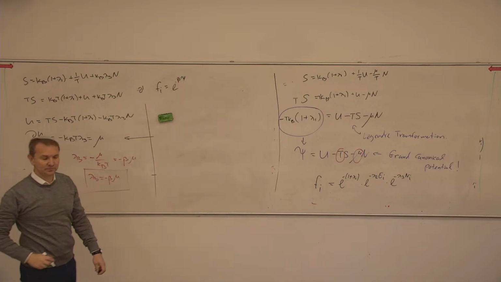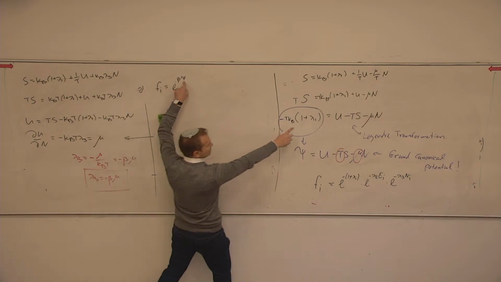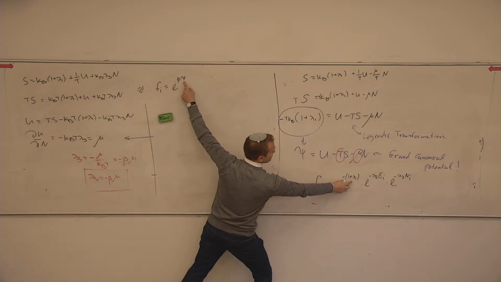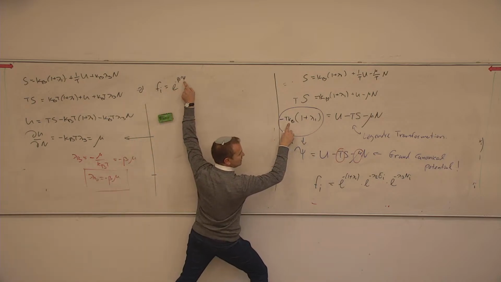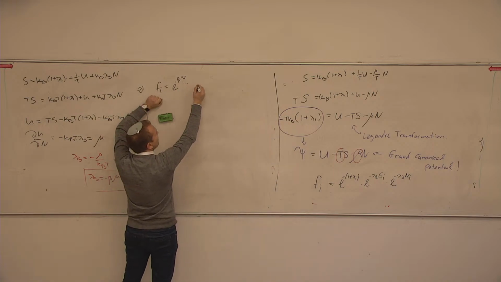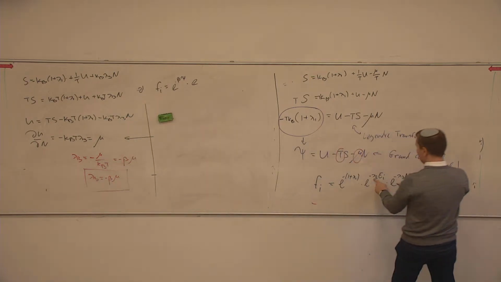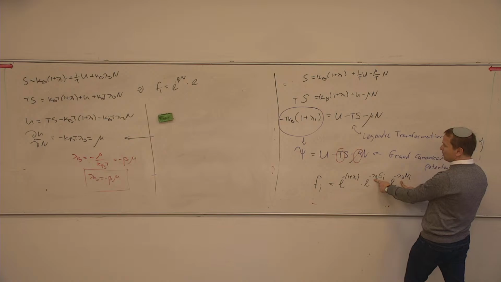You're right. So it's psi divided by k Boltzmann T. Why? Because I just replaced the 1 plus lambda 1, introduced the T multiplied by k Boltzmann, and here this is what I have, multiplied by e.